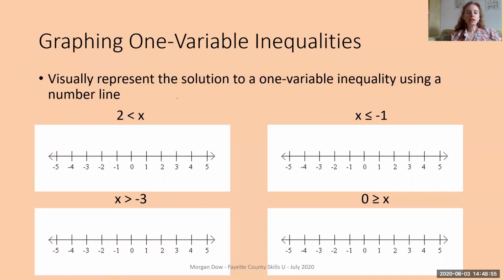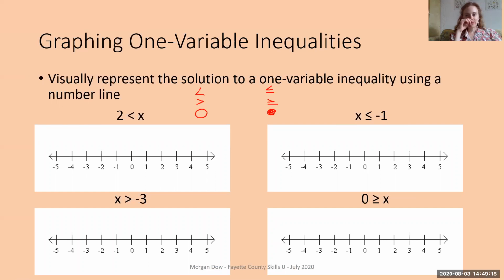So whenever you're using either less than or greater than, what you're going to do is put an open circle around that number on the number line. If you're using less than or equal to or greater than or equal to, you're going to put a filled in circle on that number on the number line.